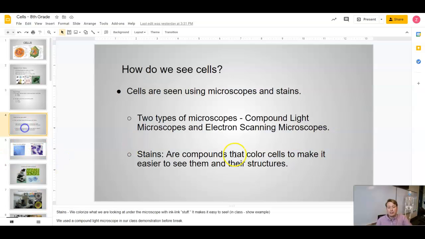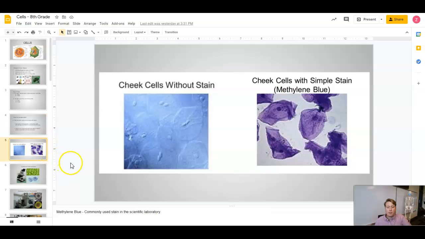But in talking about the stain we use again, we'll use it to view a cell that might be too clear or hard to see its structures. And you don't need to memorize the actual name of the stain, but methylene blue, that's a commonly used stain in the laboratory.